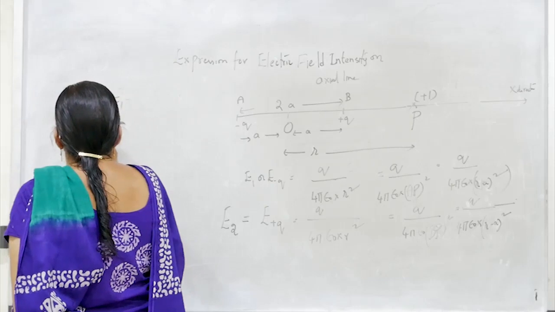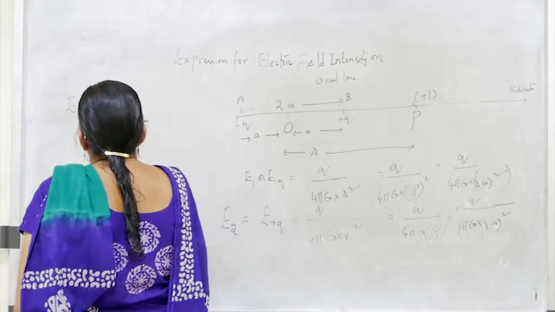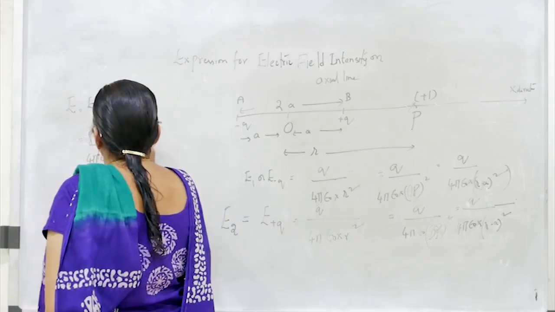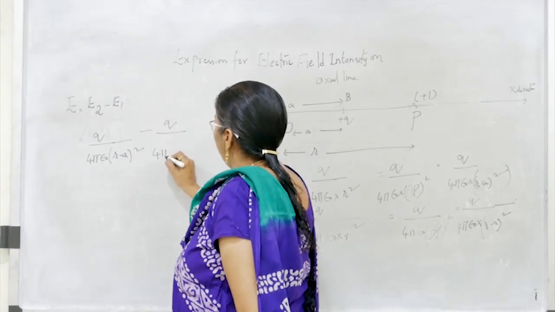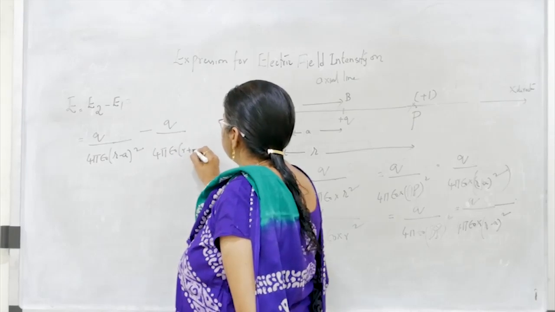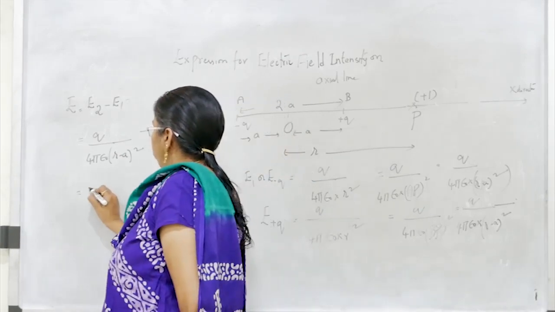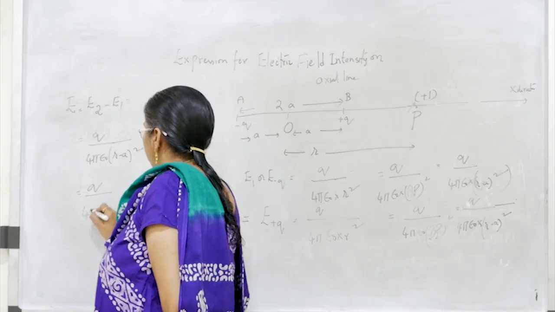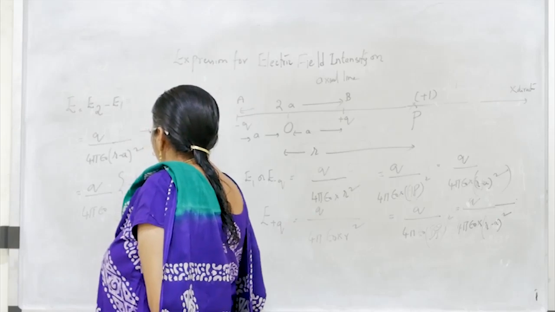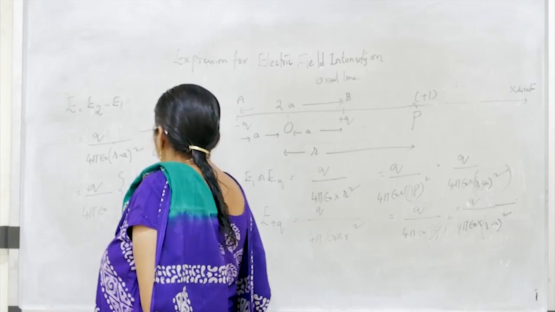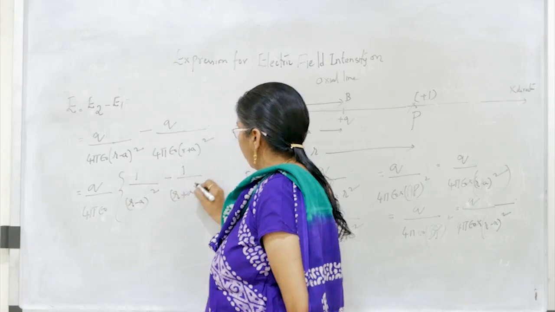So this can be written as q by 4 pi epsilon naught into r minus a whole square minus q by 4 pi epsilon naught r plus a whole square. Now you take out q by 4 pi epsilon naught common. So you get 1 by r minus a whole square minus 1 by r plus a whole square.